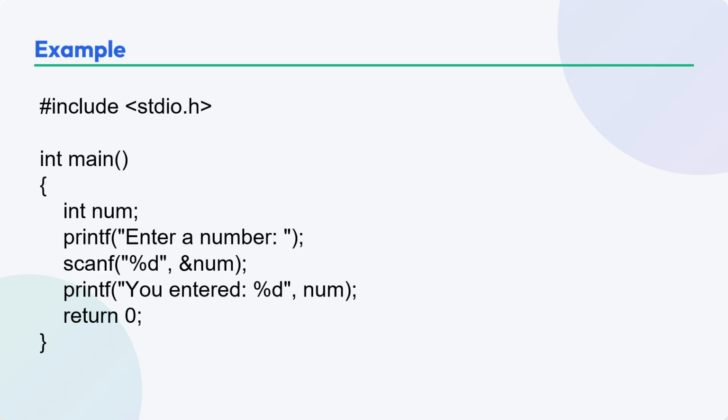Moving to the last topic, it's an example. It is a common example of a C program where all types of common functions are used. First, include standard input output header dot h.